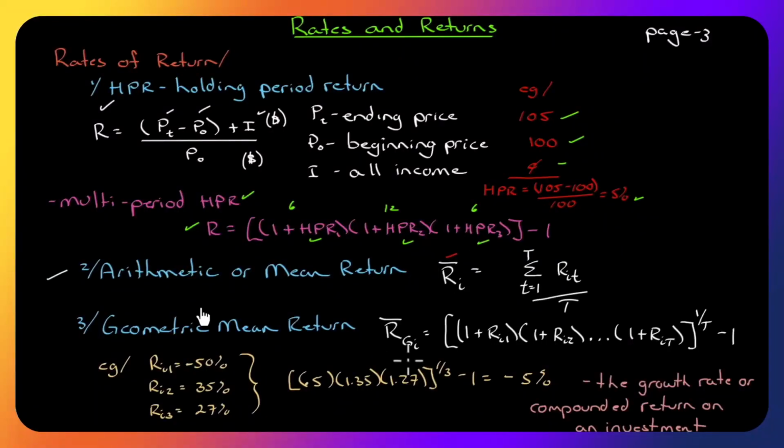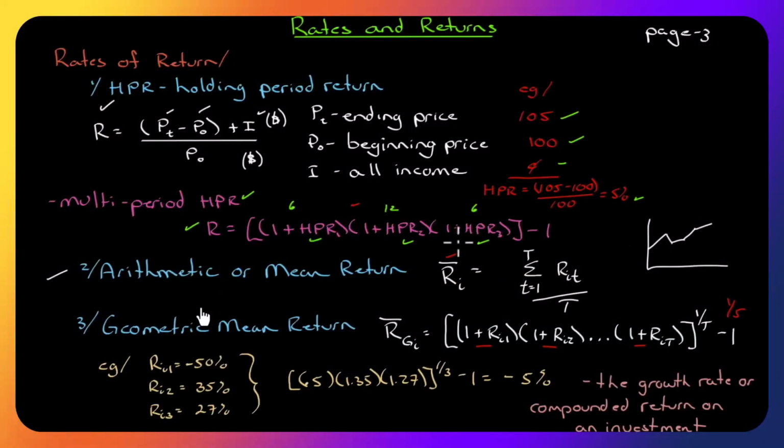A geometric mean return is, we've seen this in the holding period return up here, you just chain multiply a bunch of returns, take the root 1 over t, or if t is 5 years, that's just saying take the 5th root. Taking the 5th root is the same as putting it to the power of 1 over 5. So let's say that we have a return series that looks like this. In year 1, we made this, year 2, this, year 3, this, year 4, that, year 5, this.